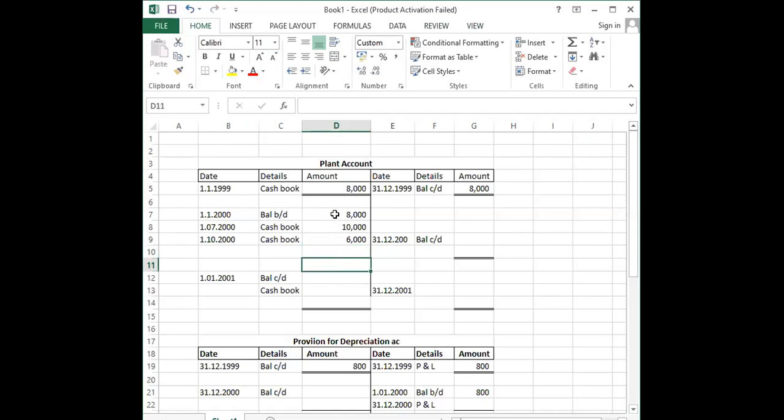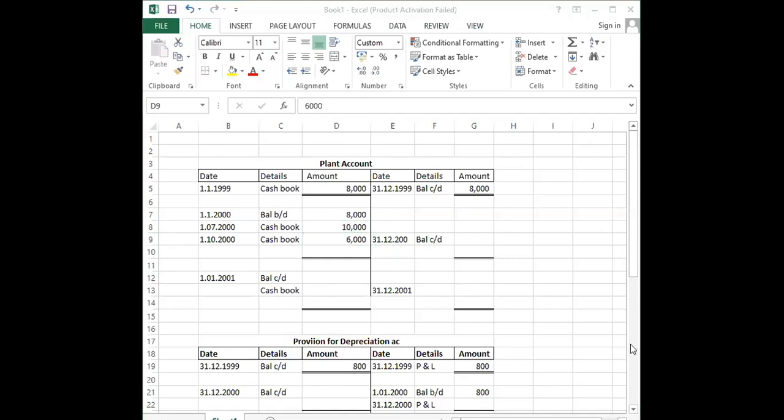And therefore, we have the original machine here that we bought in 1999. Then we have the machine that we have bought in July. And then we have the machine that we have bought in October, right?